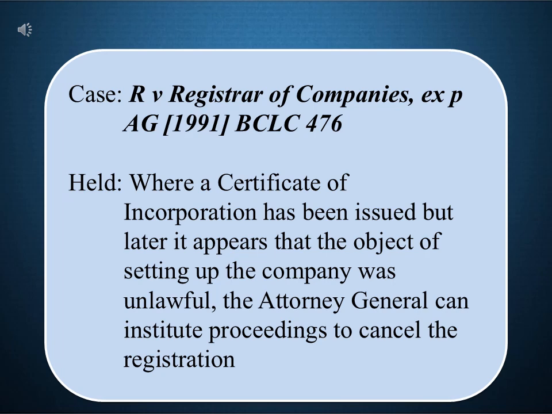So even if you think that the registration of your unlawful company has been cleared, if they find that it was unlawful, the SSM has the power to cancel the registration.